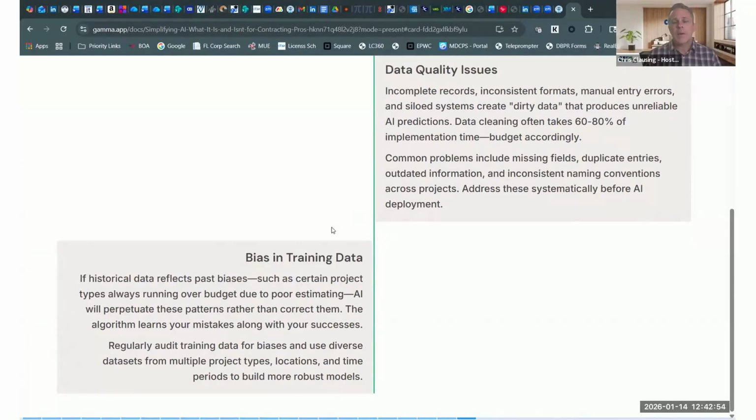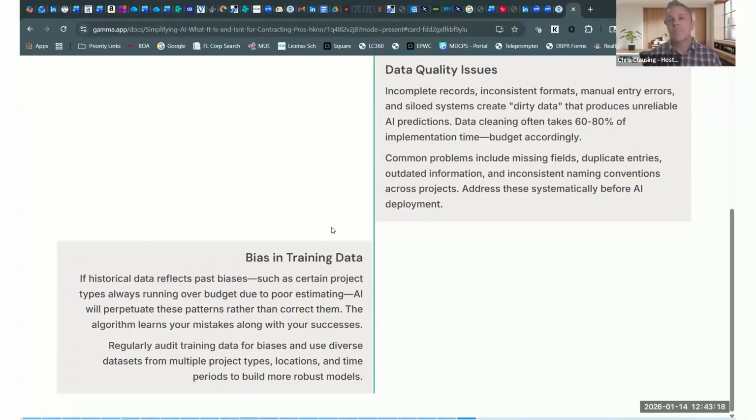And then I would say bias in training data. This is also really important. A lot of times we have bad habits. Maybe we continually underestimate certain scopes of work. If we utilize that data for future estimates, the AI doesn't necessarily know. It's just going to continue to replicate those mistakes, right?